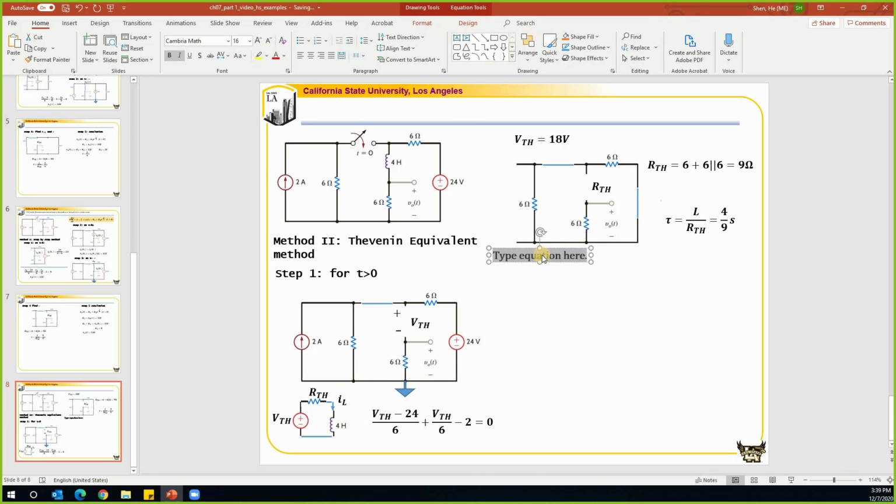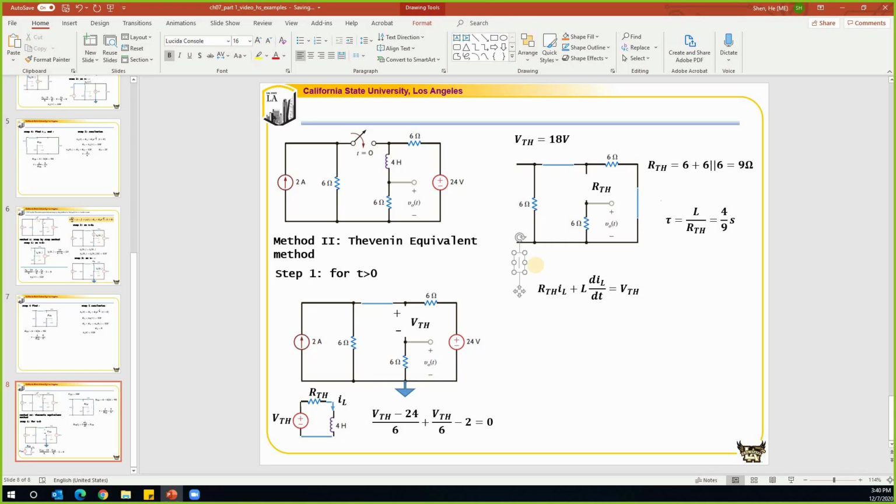The first voltage drop is RTH times IL. The voltage drop on this inductor is L times dIL over dt. And the voltage drop on this power supply is minus VTH. So we'll move the minus VTH to the right-hand side, and it becomes VTH. So this is the KVL equation about this Thevenin equivalent circuit.